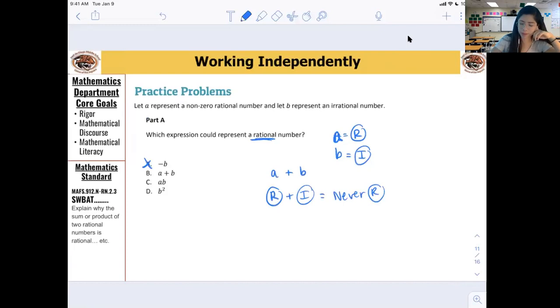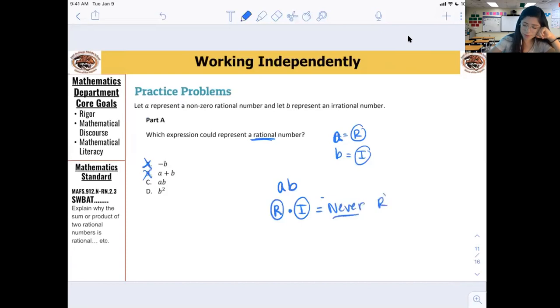No. Okay. What about A times B? A rational number times an irrational number. Never rational. So it can't be C either. Let's look at the last one.